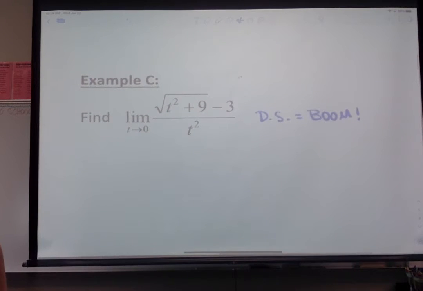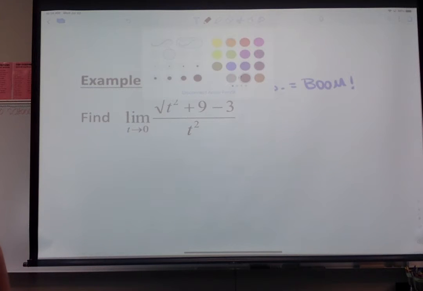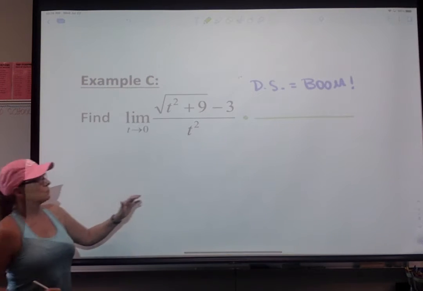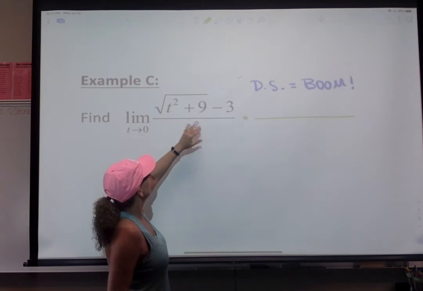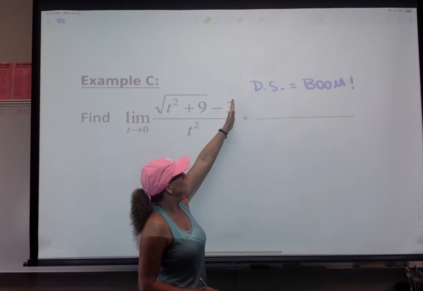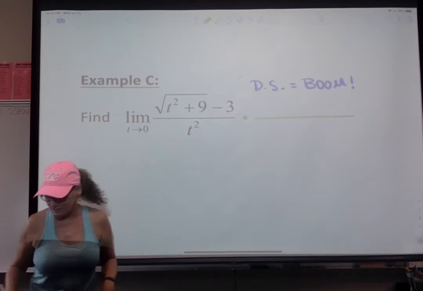I am going to, in order to rationalize this numerator, hang on, let me get this out of the way. Okay. In order to rationalize the numerator, I need to multiply top and bottom by its conjugate. So if you remember the conjugate, first term is the same, last term is the same, the sign in the middle is different.